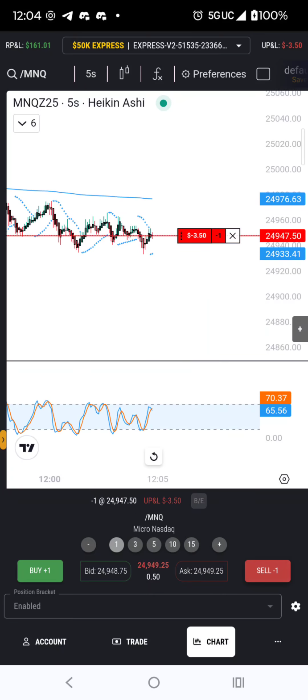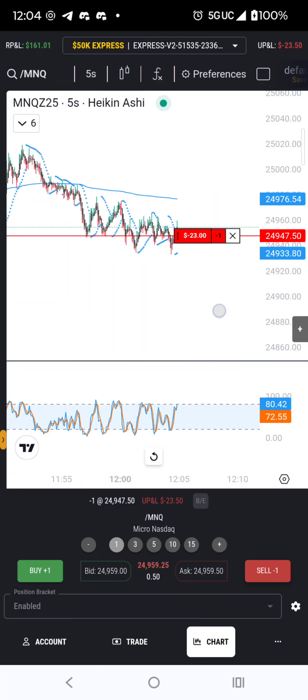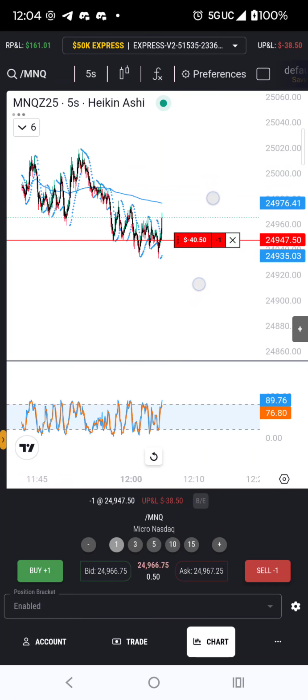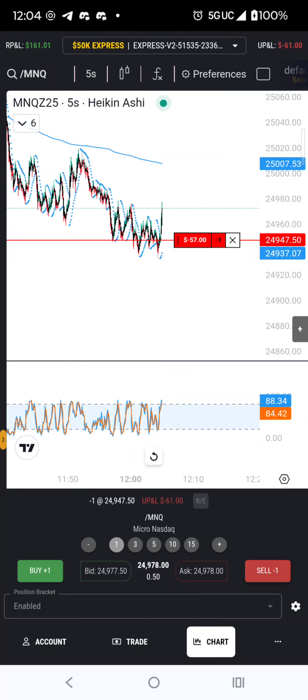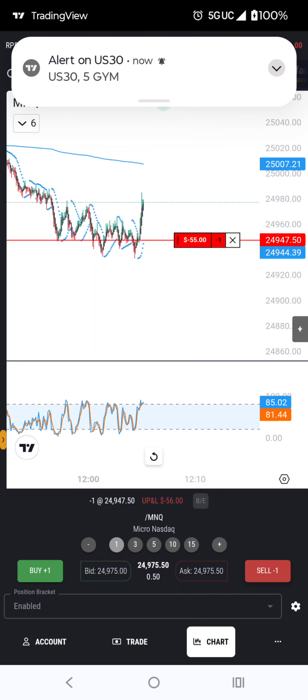I'll tap that and see what it does. Oh, still pulling back. No bueno. Well, that's the breakout.